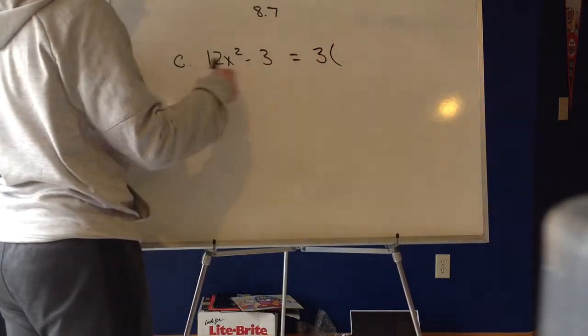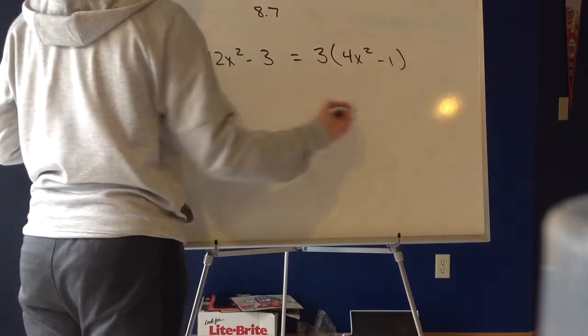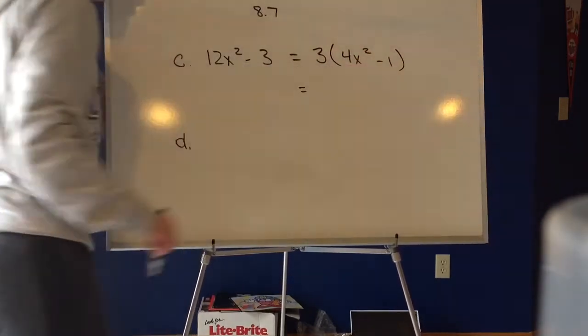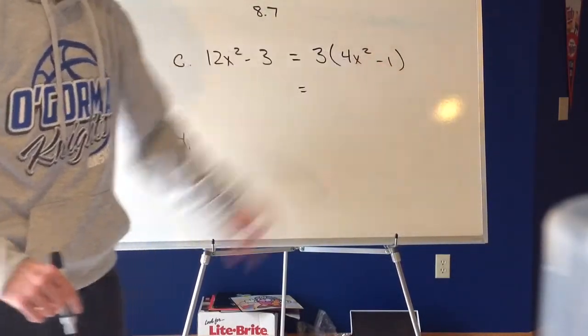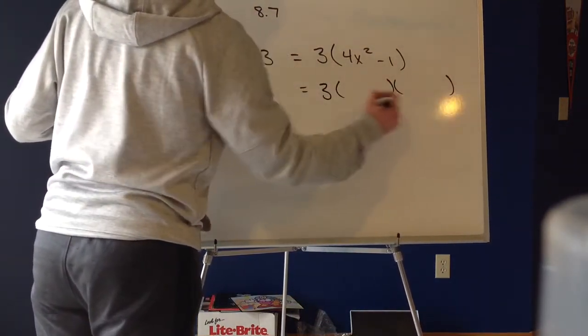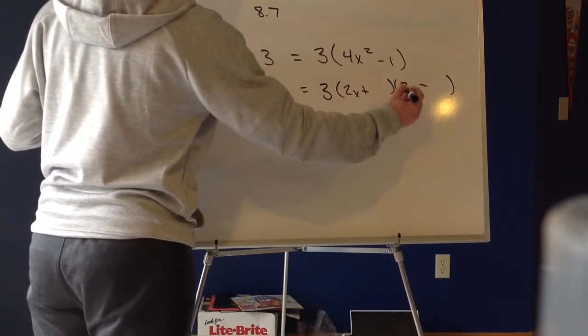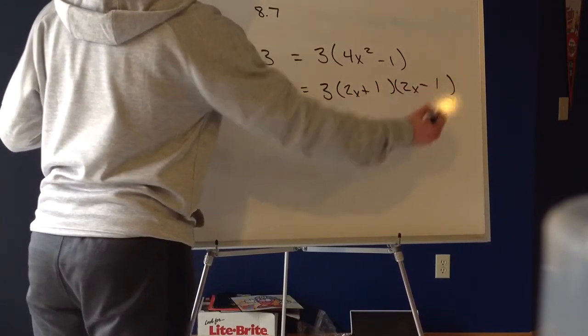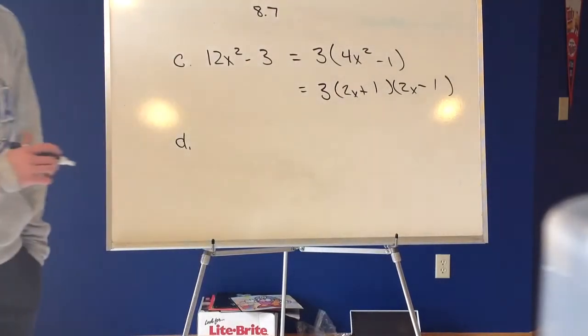Okay, so if I divide each by 3, I'll get 4x squared minus 1. Notice I now have difference of squares. Subtraction sign, both perfect squares. Okay, so I'm going to have my two sets of parentheses, opposite signs, a 2x, and square root of 1, remember, is just 1. Okay, again, middle terms will cancel out, which is what we need to happen.